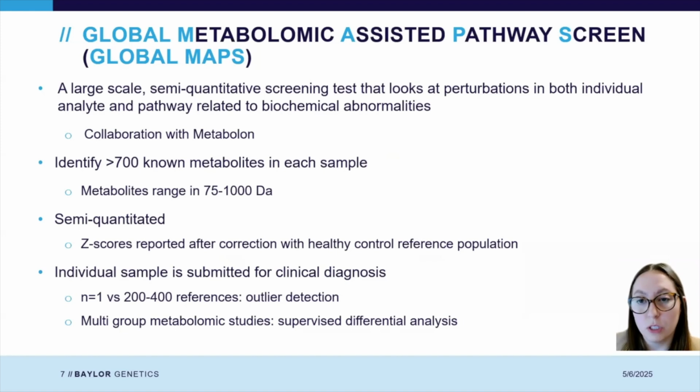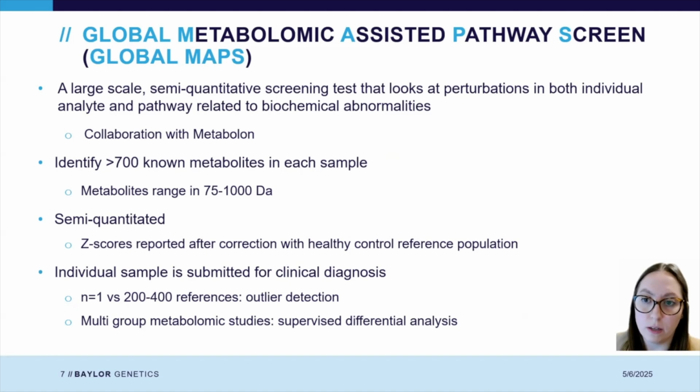Global MAPS is a large scale, semi-quantitative metabolomic screening platform that's been developed in collaboration with Metabolon. In each patient sample, we identify and semi-quantify over 700 known metabolites. These metabolites range in molecular weight from approximately 75 to 1,000 Daltons using advanced methods. Rather than presenting isolated analyte values, Global MAPS employs a pathway-based approach.